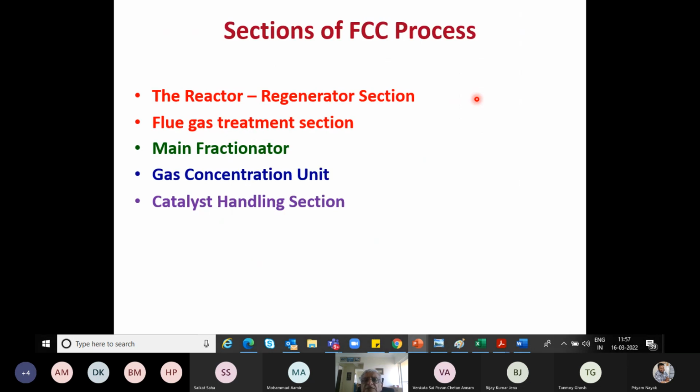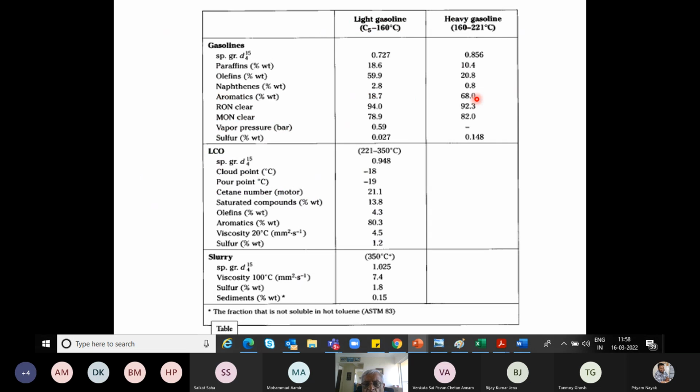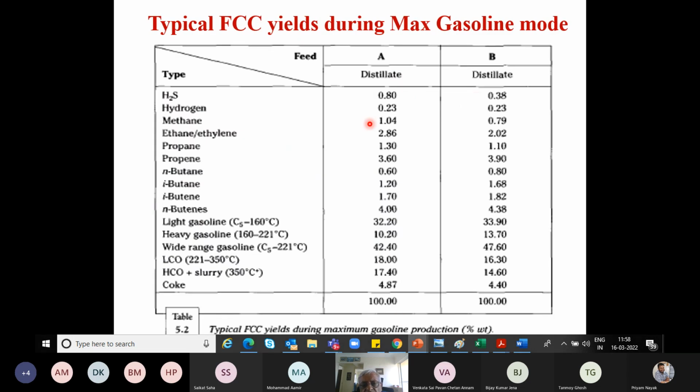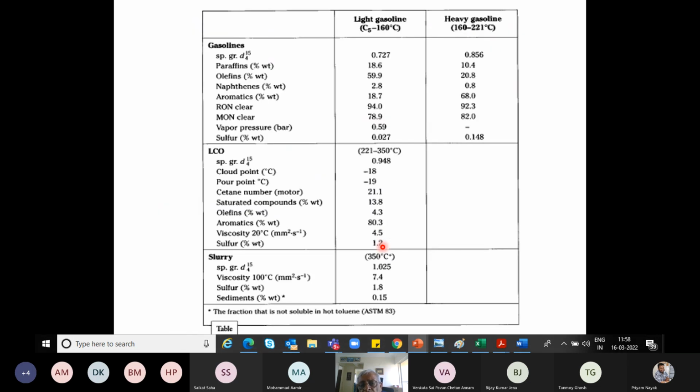As far as the FCC process as such is concerned, it is distributed into 5 sections. The reactor regenerator section, which is the heart of the process, the flue gas treatment section, which handles the flue gas coming out of the regenerator, the main fractionator, which separates out broadly these components like the gas oil, the gasoline, and the LCO, HCO.